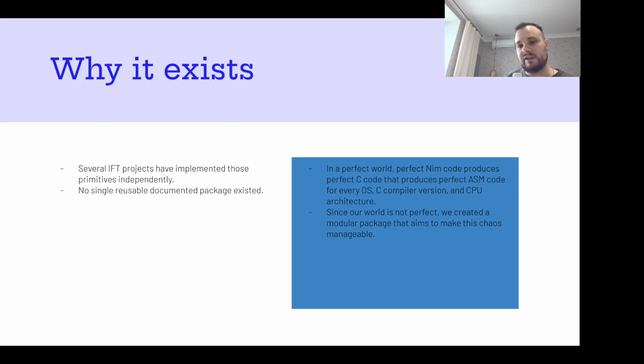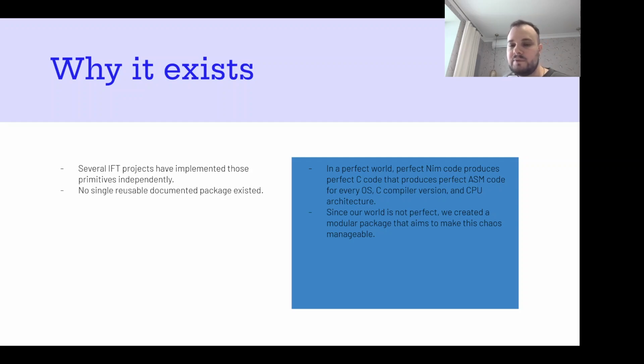So you would have a library like stint, which does arithmetic for arbitrarily sized integers, and it used to have its own integer arithmetic implementation, which was optimized for various operating systems and so on. But there was no single reusable, manageable, documented package that everyone could use within IFT.